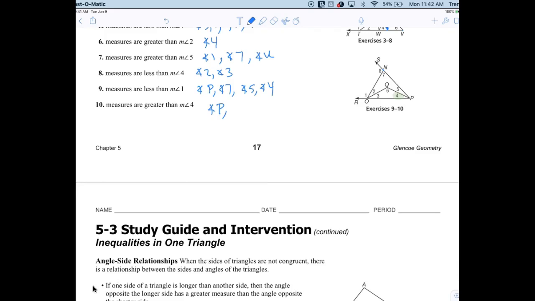But you're just saying angle O. O is not an angle. So you would have to say it's either RO, watch, this, or this. That's what I'm saying. Those are the pieces there.